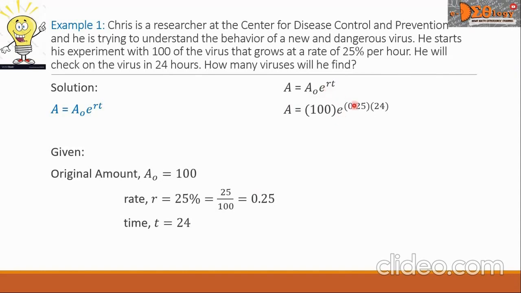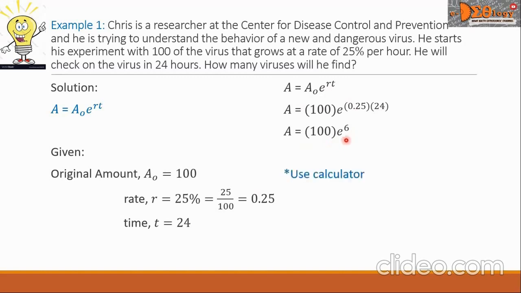Our R is the 0.25 and the T is 24. Let us simplify the product. We will have 0.25 times 24 is 6. So we have now in this line A equals 100 times E raised to 6.